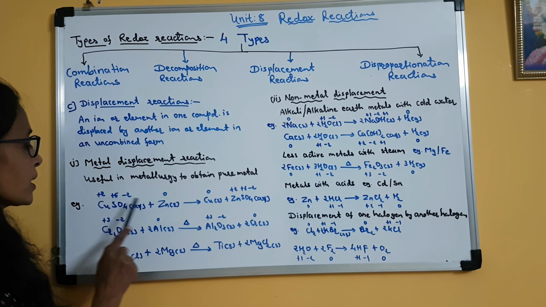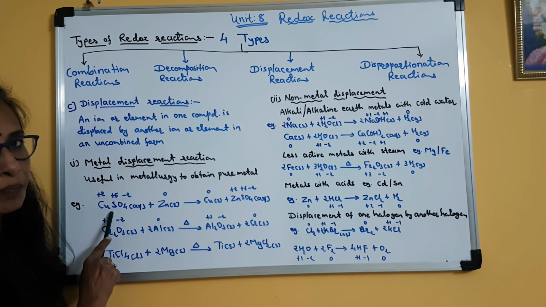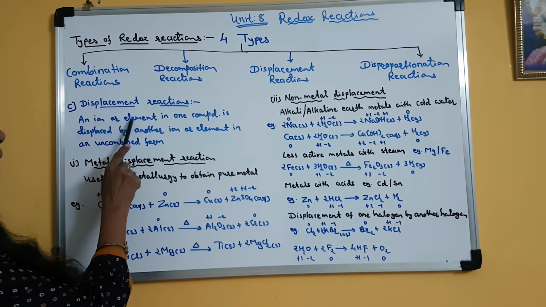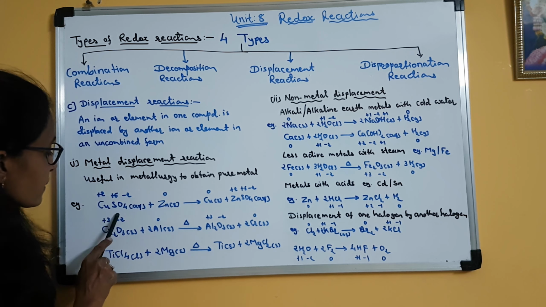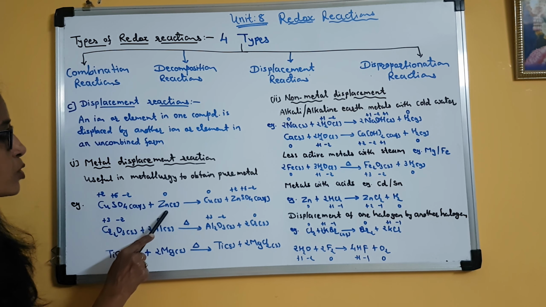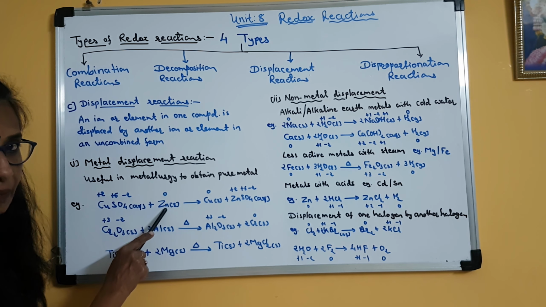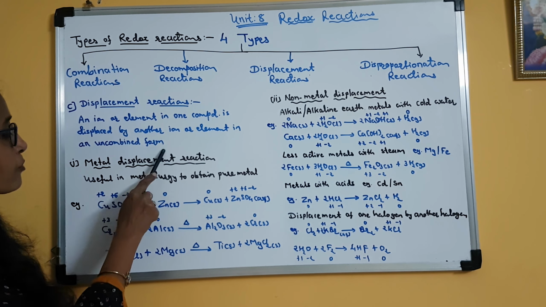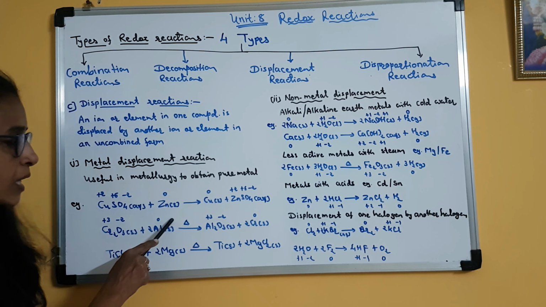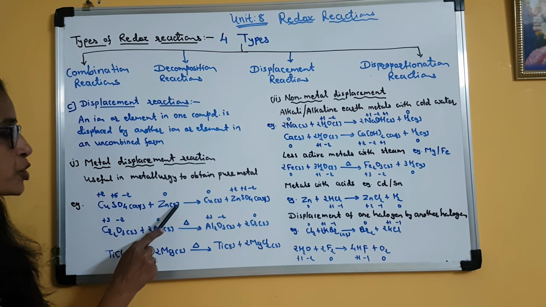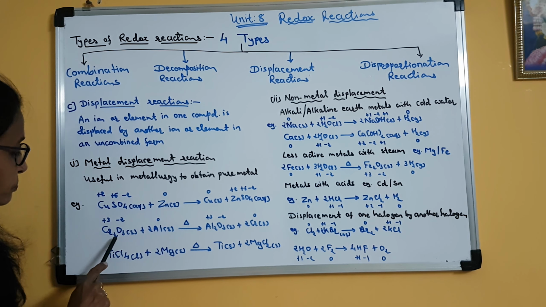Here zinc displaces copper from its compound. So you can see an ion or element in one compound, here copper, is displaced by another element in uncombined form. Here zinc is in a free state. It is not in a compound form. Clear? So this displacement reaction is a redox reaction.